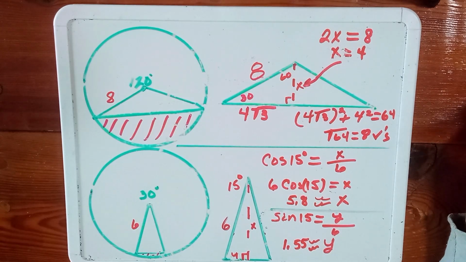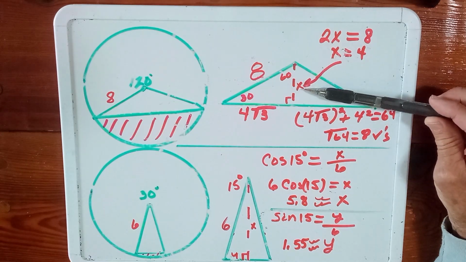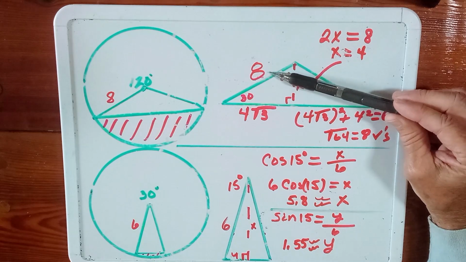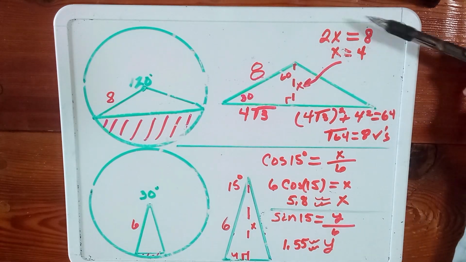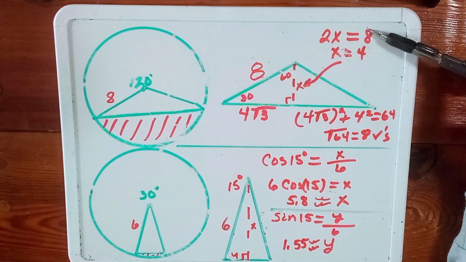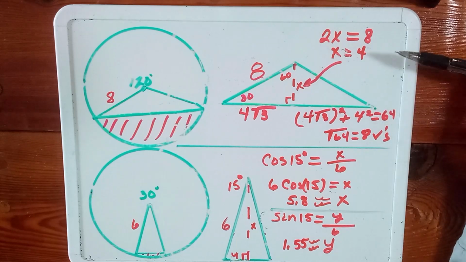So in this case, as we recall, the short leg here, and I'm going to indicate x because I don't know what that is, basically. I don't know what it is, but I do know that that leg times 2 equals this value. So if I set that up, 2 times this leg equals 8, I know that the height is now 4.